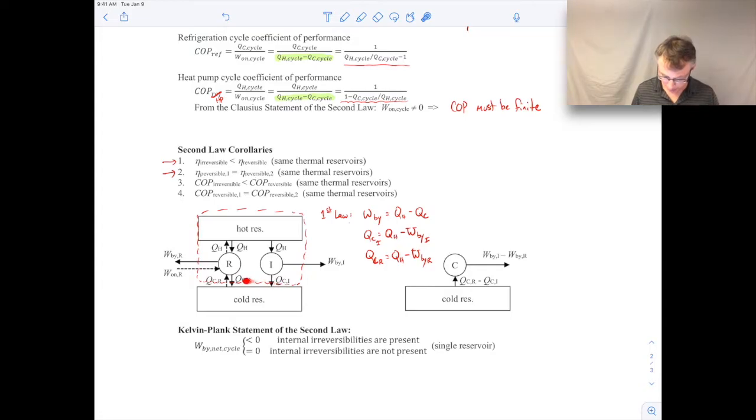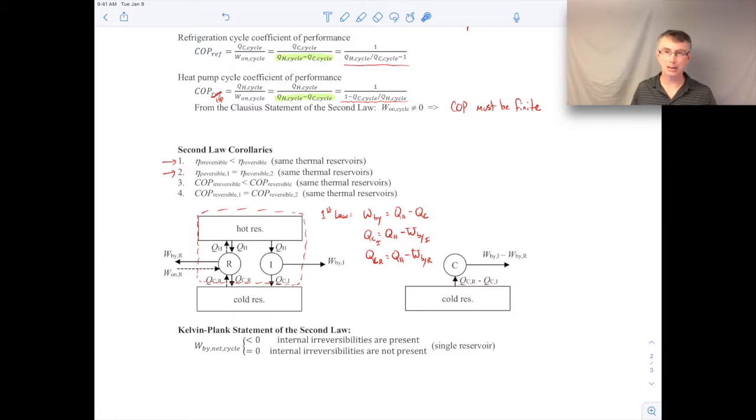And the exchange of energy with the cold reservoir is that I pull QC,R out of it and then put QC,I into it. So the net exchange out of it would be QC,R minus QC,I. And the net work I get out of this dashed red line would be W_I minus W_R, because I'm putting work into it in the reversible cycle.